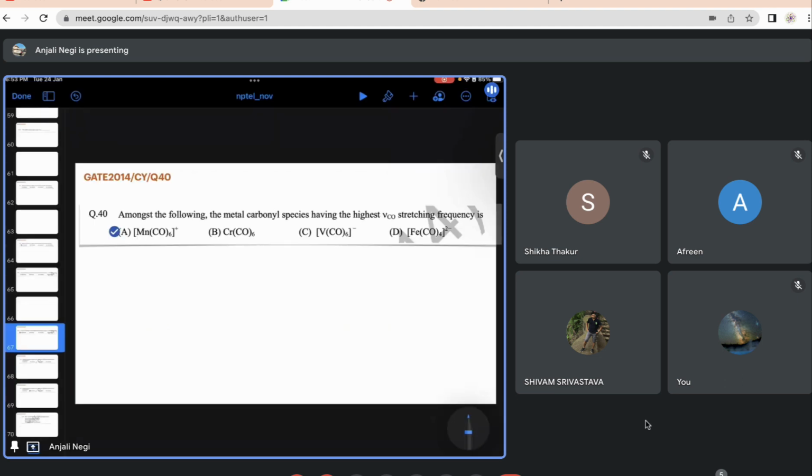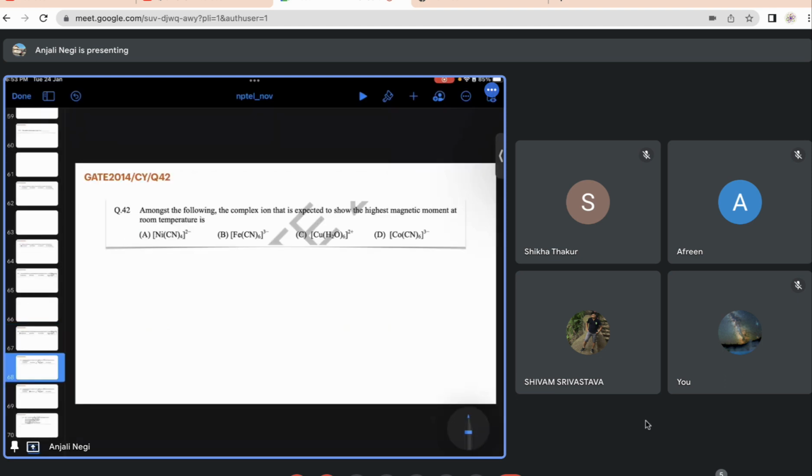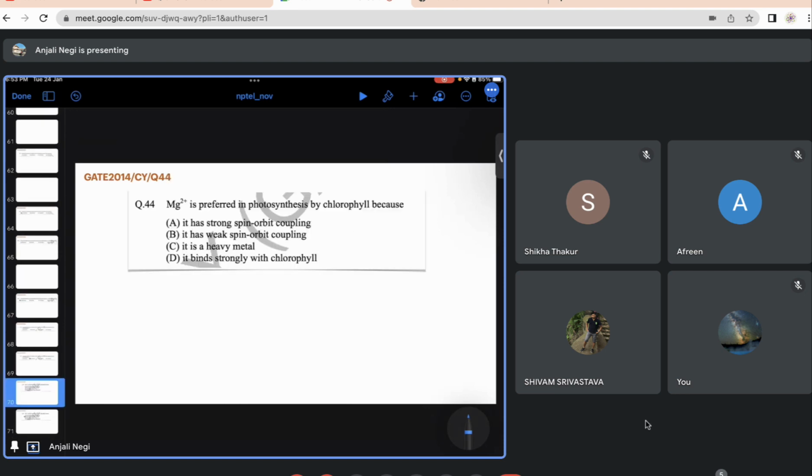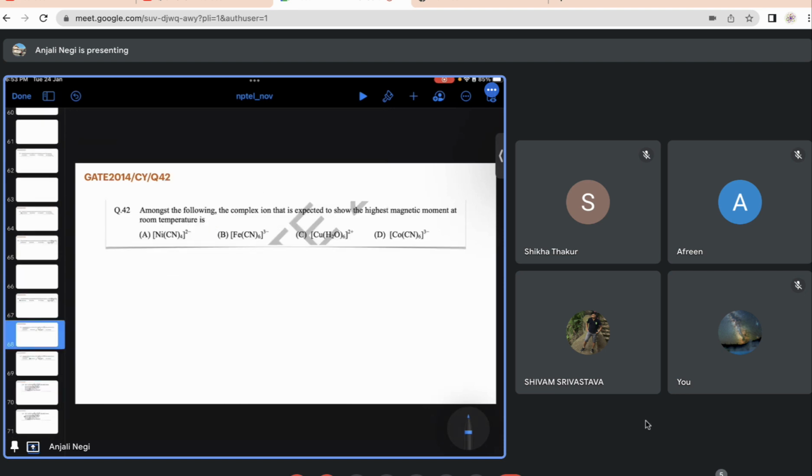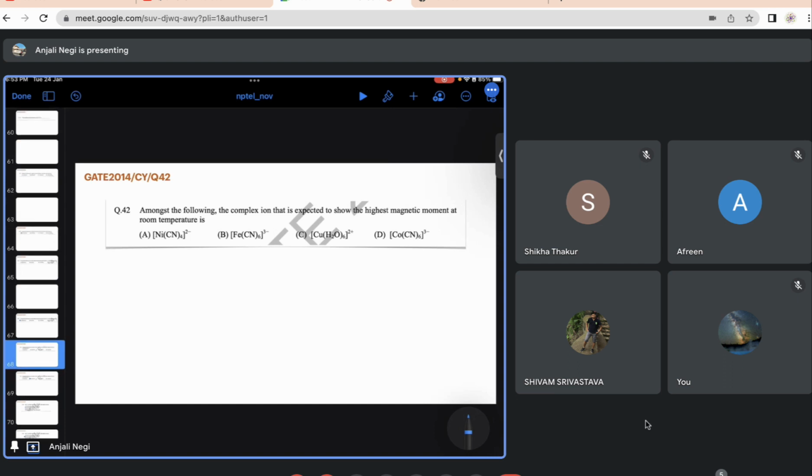So any doubt? Okay, this is a fairly nice problem. Another problem, question number 42, that you are seeing on your screen.